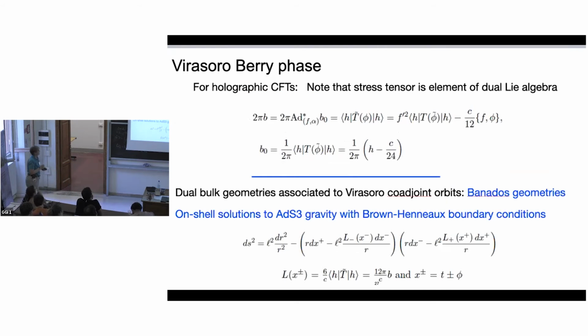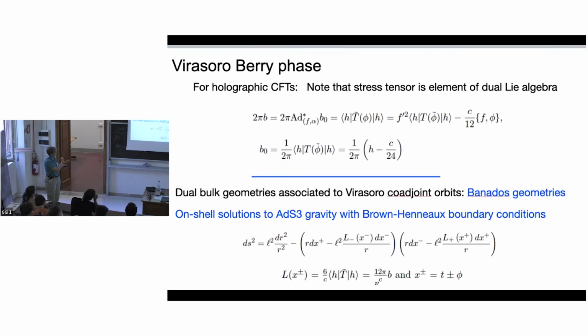Now, we can obtain the gravity dual of this because we note that the stress tensor is an element of the dual algebra, as written here. And so we obtain the dual bulk geometry associated to these Virasoro coadjoint orbits from the Bañados geometry. Essentially that's the metric that we have.